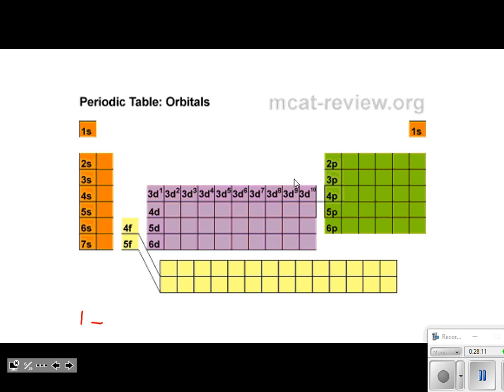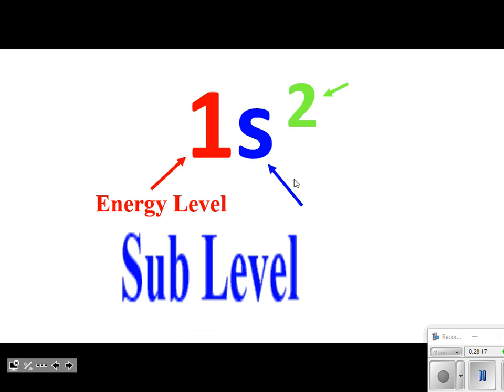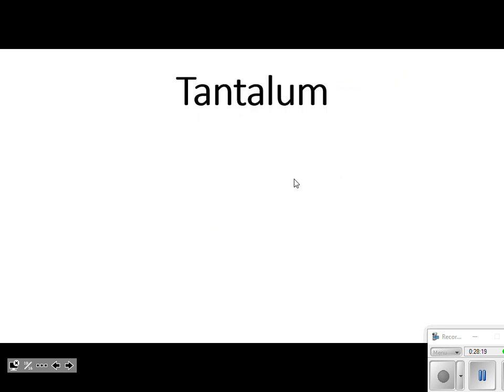Now, let's go back. Tantalum. Find this on your periodic table. I'm seeing it right here.